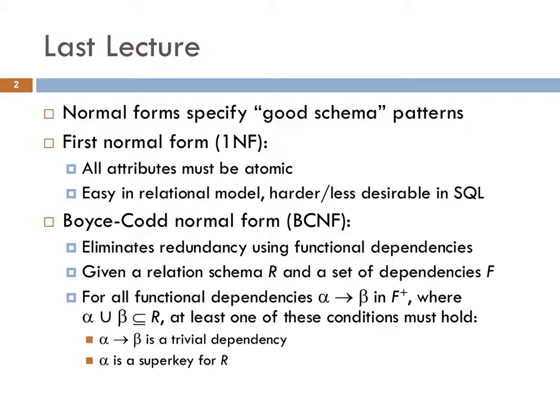Now, again, I'm going to keep reiterating this because it's a big pet peeve of mine, and it's a pet peeve for a good reason. We call these dependencies trivial because they apply on all relation values. It doesn't matter what relation value you were able to concoct, it's not possible to violate the functional dependency.